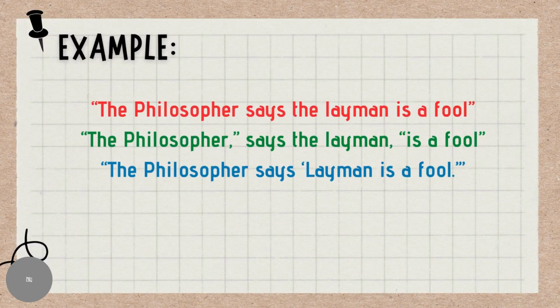Let's take an example. If you look at this example, number one, the first statement says, the philosopher says the layman is a fool. And the second sentence says, the philosopher says the layman is a fool. And the third sentence says, the philosopher says layman is a fool.